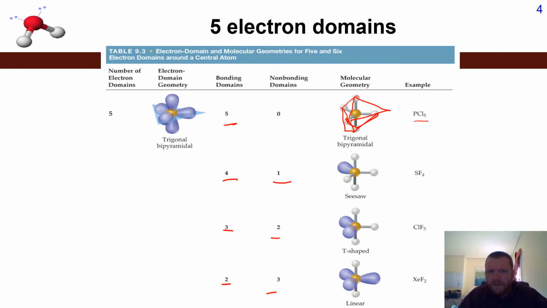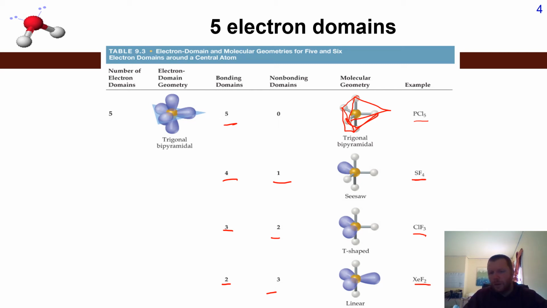Now, if you have a single non-bonding domain, that would be appropriate for a molecule like SF4. Well, that 1 lone pair of electrons is going to occupy more space. ClF3 is 3 bonding and 2 non-bonding. And then finally, XeF2, that's one we actually have already talked about.